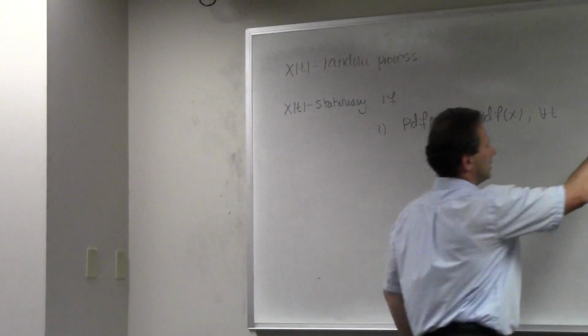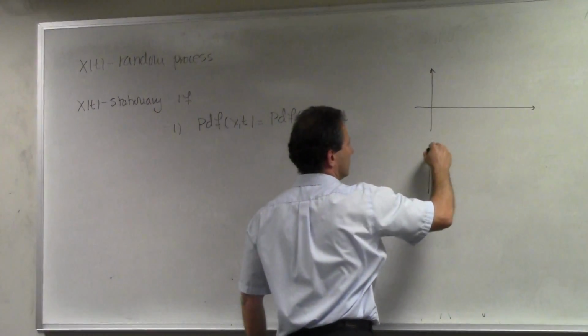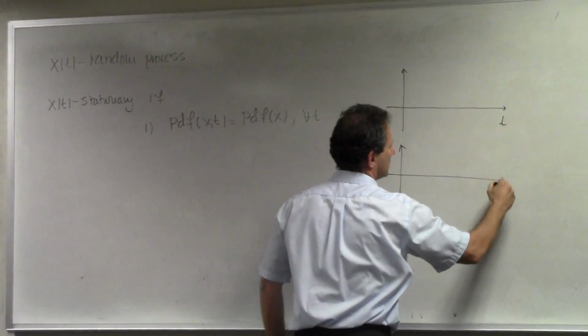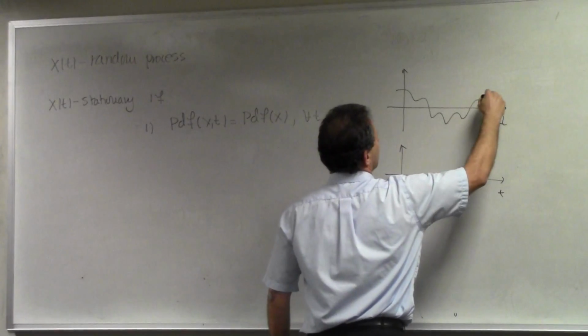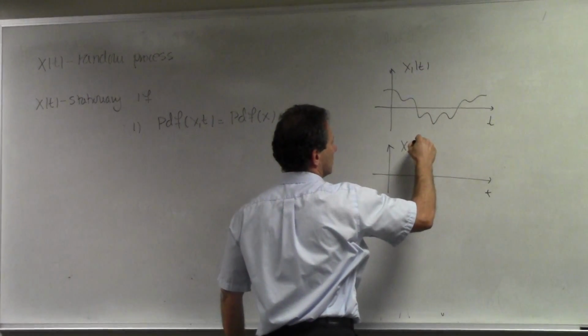Remember that picture that I had, where I look at the realizations of the random process, x1 of t, x2 of t, and so on.